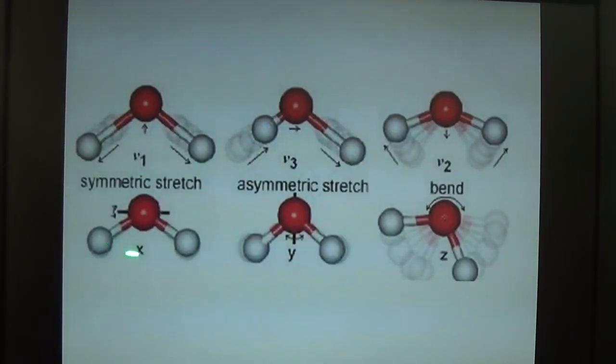Now the symmetric, asymmetric and bending modes are shown here with different frequencies: nu1, nu3 and nu2. In the symmetric case, you can see this is the central atom of carbon and these are oxygen. When these vibrate, the distance is almost the same.